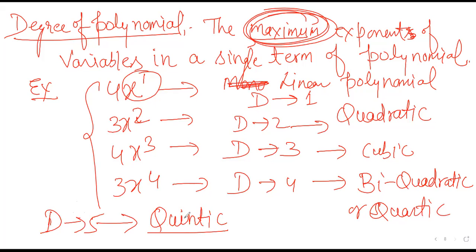Whether it is a monomial, binomial, or trinomial, if the degree is 5, the polynomial is quintic. Degree 4, quartic; degree 5, quintic. So these are the degree concepts in monomials.